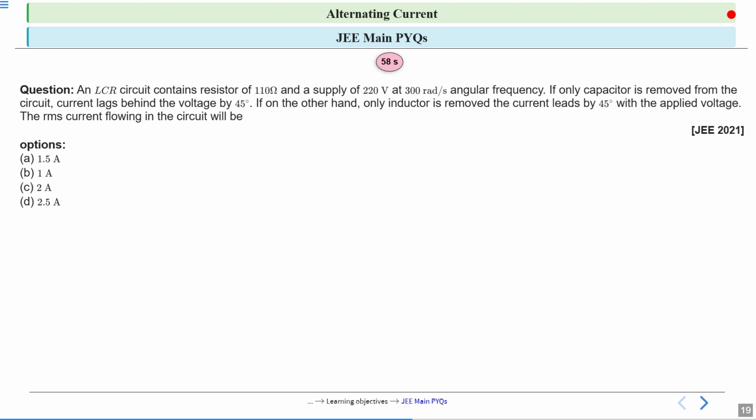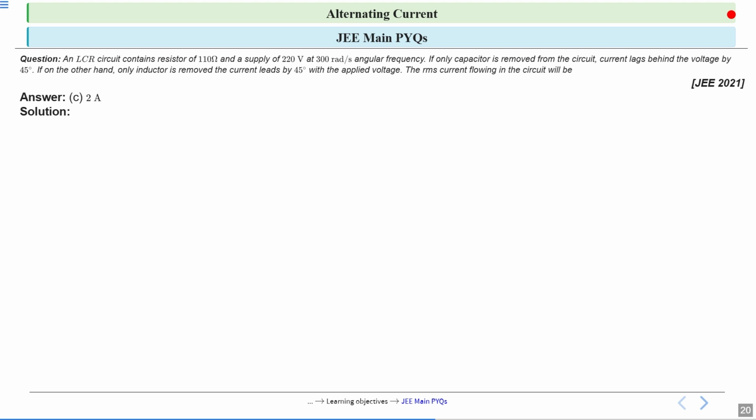I will give you some time to think about it. So option C is correct, 2 ampere.